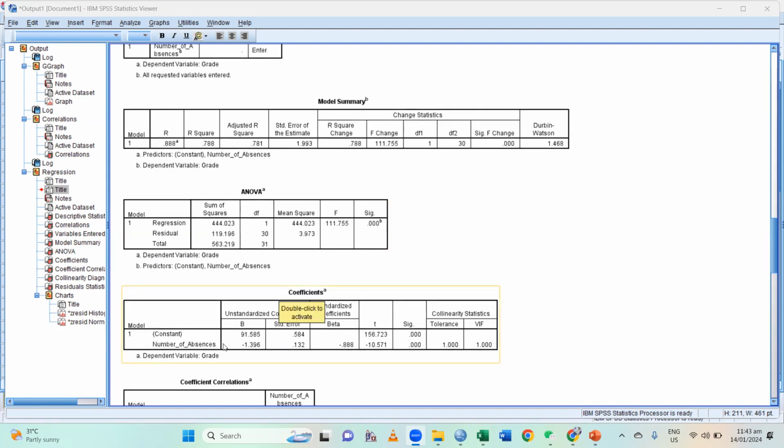And for your coefficients, take note, use the unstandardized beta coefficients. Okay. So if X is the number of absences and Y is the grade, using these coefficients, what is your prediction equation?